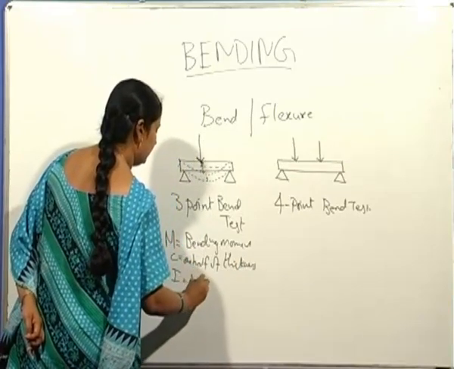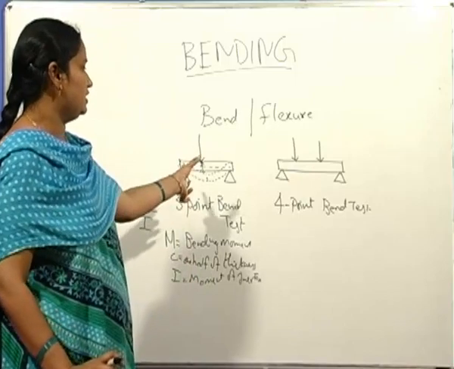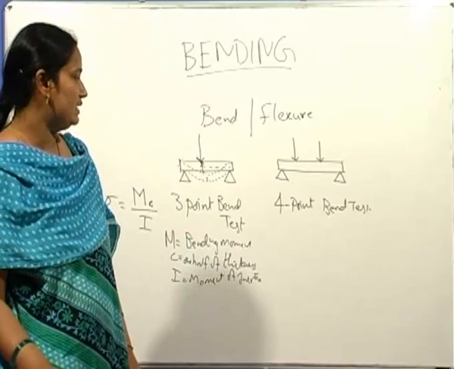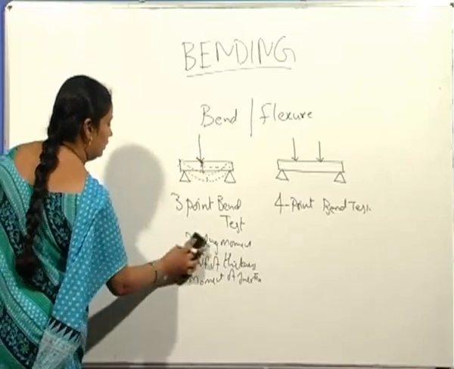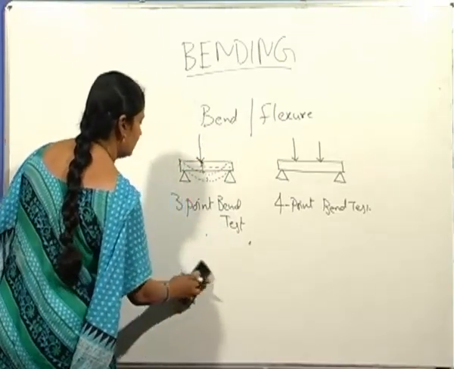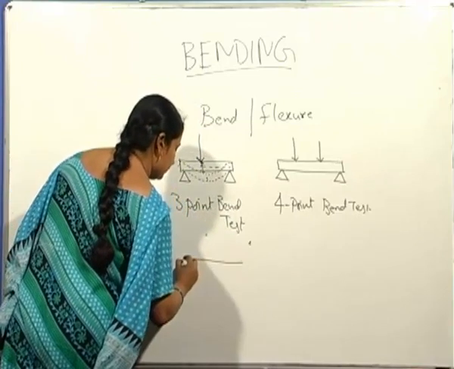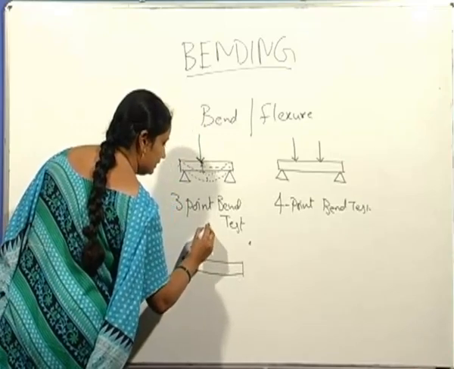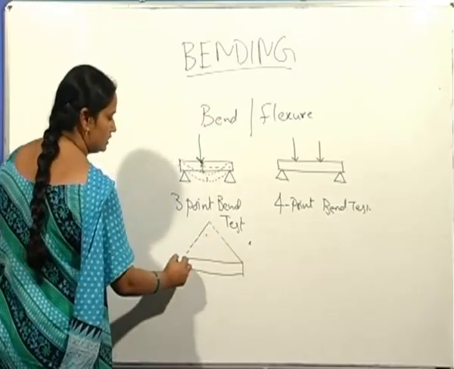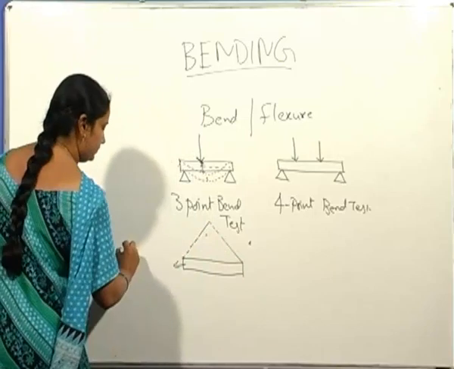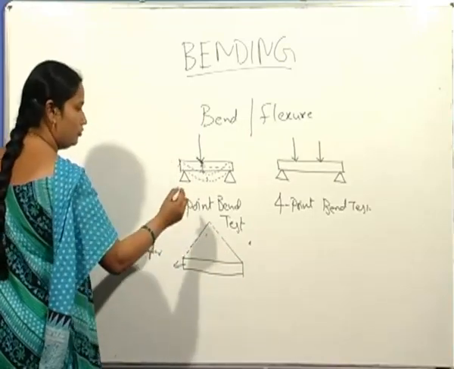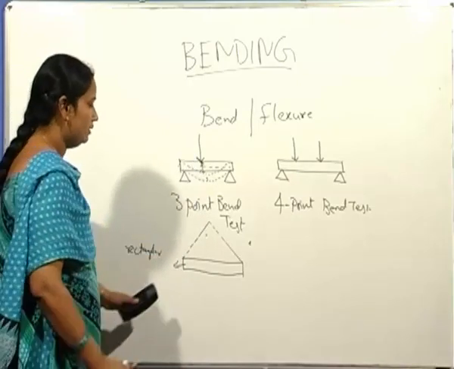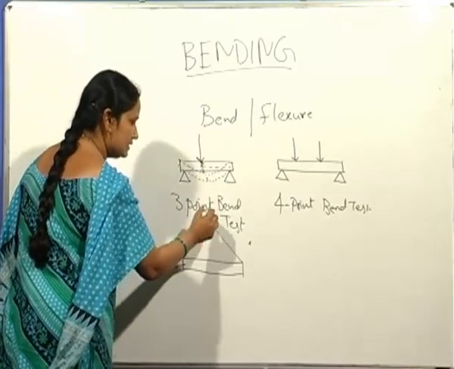Now the difference between the 3-point bend test and the 4-point bend test is seen once we draw the bending moment diagrams. For the 3-point test, on this rectangular specimen under a single load, the maximum bending moment is at the center.